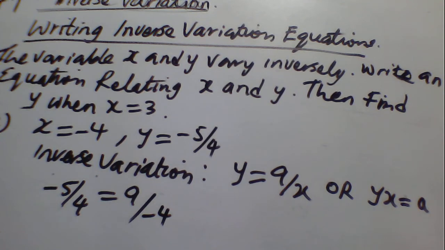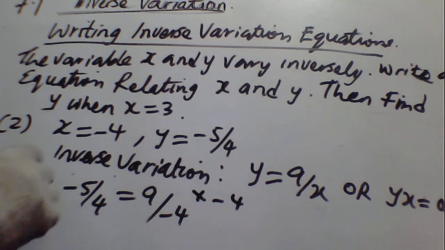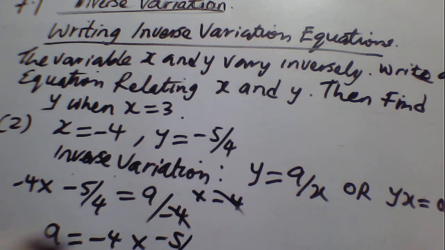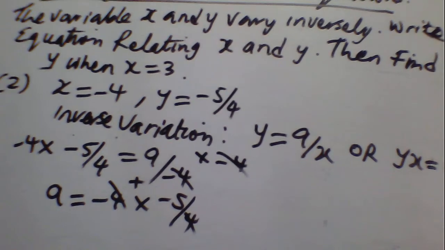In order to make a the subject of the formula, we multiply both sides of the equation by what? By minus 4. So we multiply both sides of the equation by minus 4. Here this cancels to give us a equals to minus 4 times minus 5 over 4. So that 4 can cancel out, and multiplication of the same signs, we change it to what? Positive. If you multiply minus times minus, the result is plus.